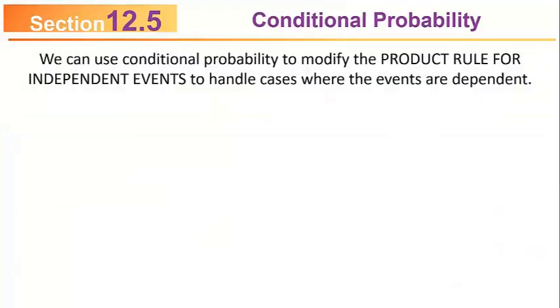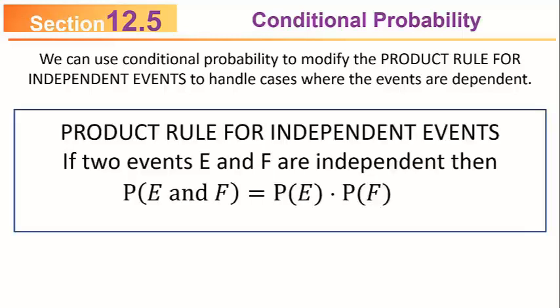This might be a good place to mention that we can use the conditional probability ideas to modify the product rule for independent events that we've talked about earlier to handle cases where the events are dependent, as we've been talking about.